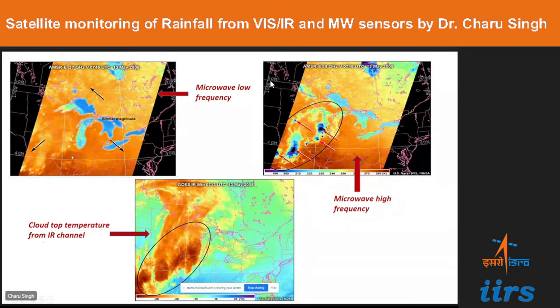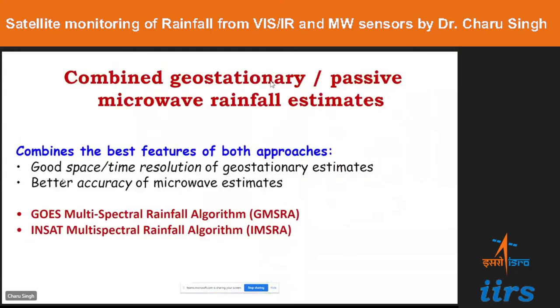So these three images together suggest that this is a cloud where sufficient ice crystals and water content are available. This is a high cloud because the cloud top temperature is also very low. So if we combine the microwave based methods and the IR based method, we get better estimates of the rainfall.